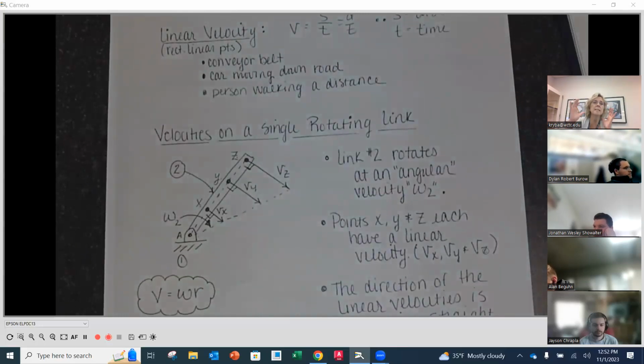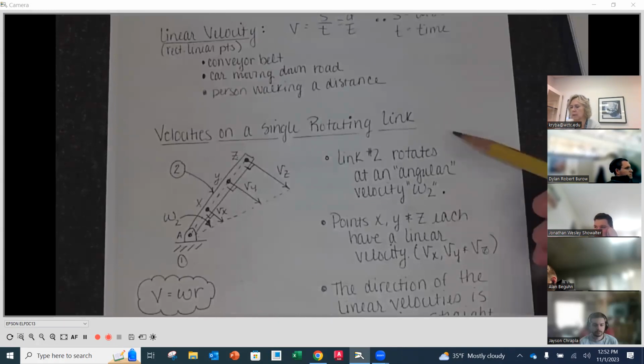The link itself does not have linear velocity. The link as a whole will only have rotational velocity, but any point along the link will have a linear velocity component of its motion as it rotates around that center of rotation.